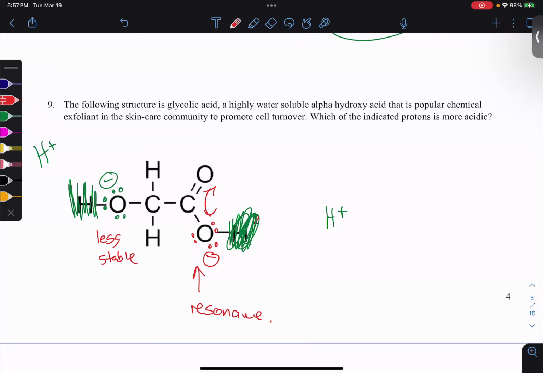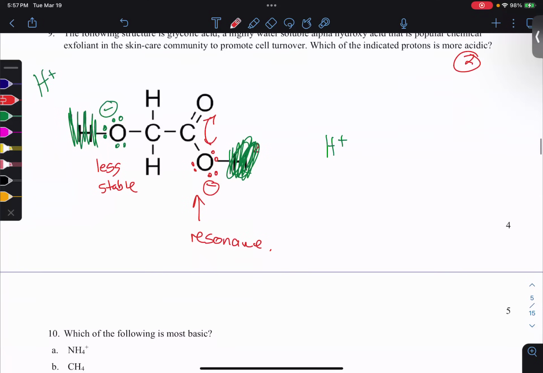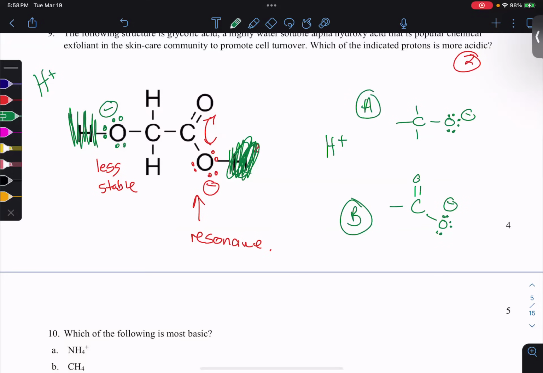Right, so which indicated proton is more acidic? It's proton 2, right? So then let me ask this question. Which thing is more basic? This, or this? Let's say A and B. Which thing is more basic?